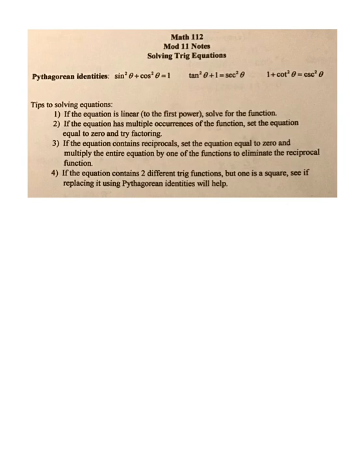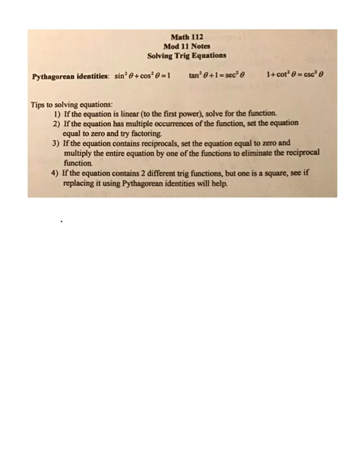If there are two different trig functions in your equation, but one of them is squared, see if you can replace that squared version with a Pythagorean identity, and that will help make your equation easier.